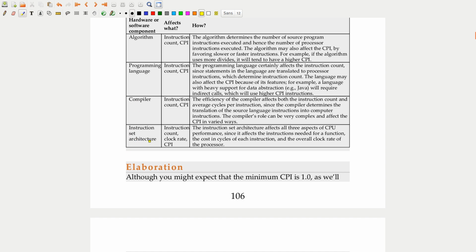Once we get to the ISA, this is where we get instruction count again, but also clock rate. So this is where we start to see another thing be affected. The reason clock rate is affected here is because now we're actually talking about the architecture, what's going on deep inside the processor.